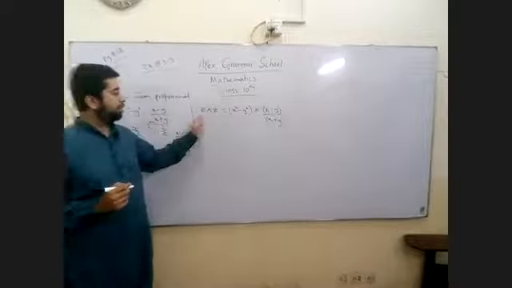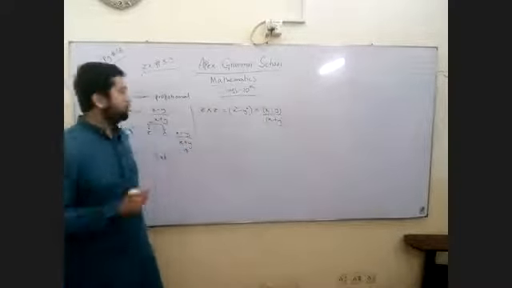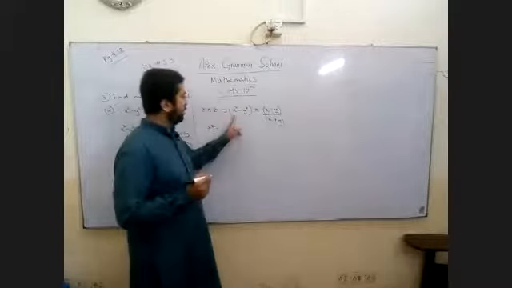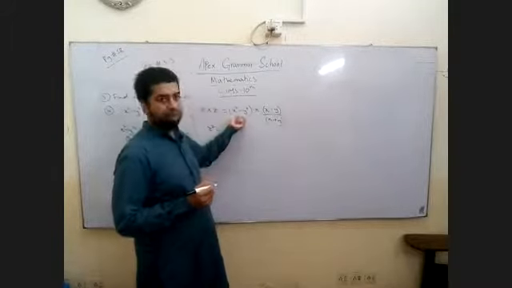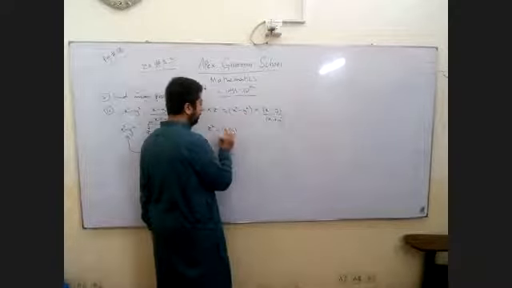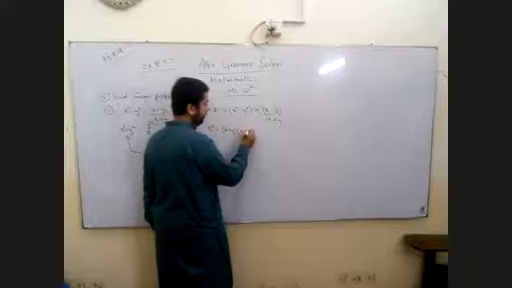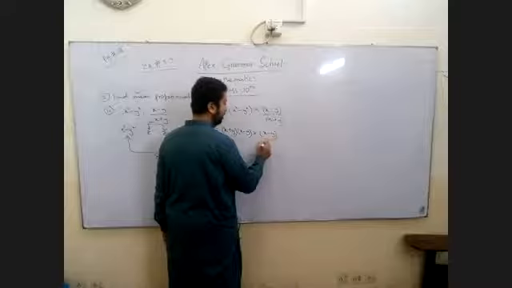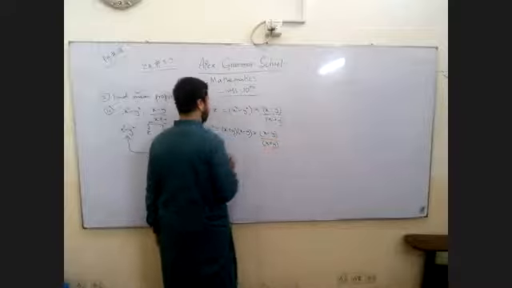This z multiplied by this z makes z squared. Now you know x squared minus y squared is a formula; you open it, which makes x plus y into x minus y, multiplied by x minus y over x plus y.